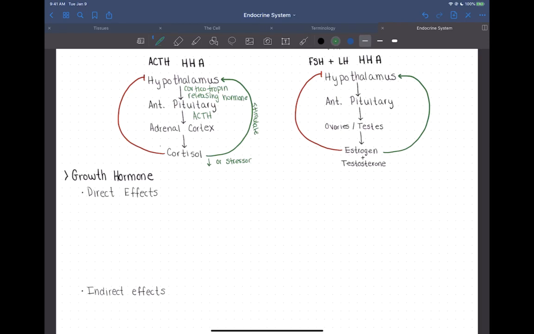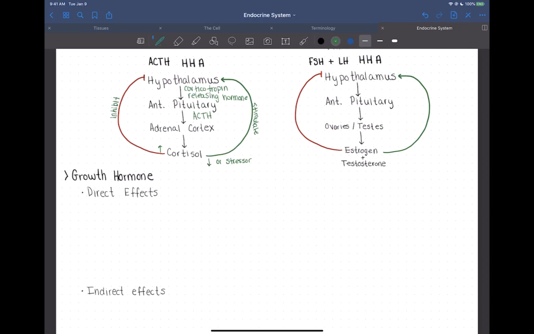If cortisol levels are high, all right, and there's no new stressors or anything like that, that is going to inhibit. All right, so that will inhibit the hypothalamus. Okay, so hopefully you're kind of getting the vibe for how this is working, all right? So it's kind of a consistent thing for these different hormones.